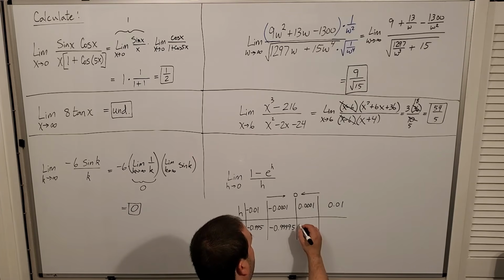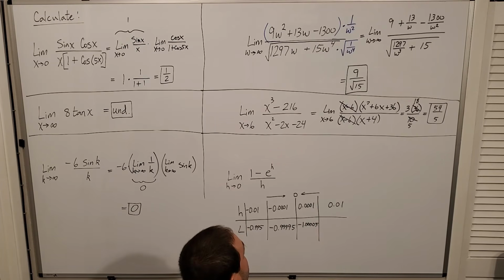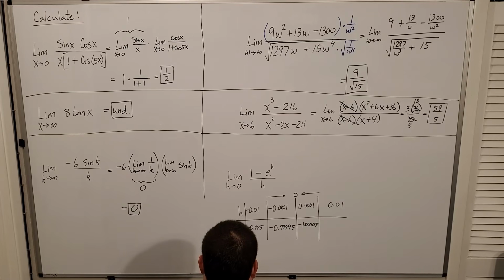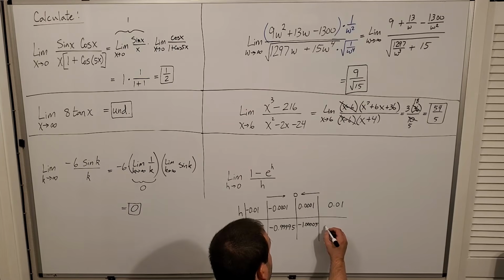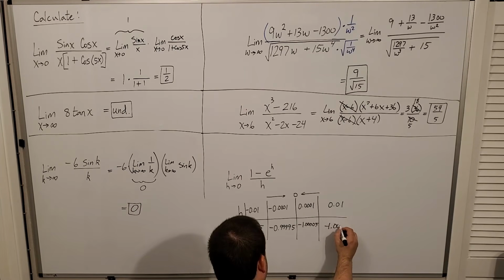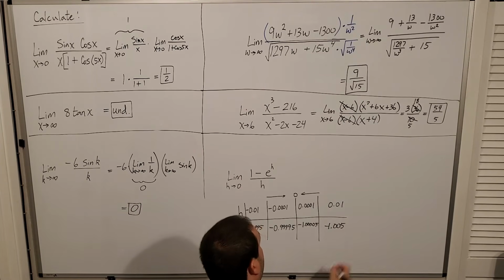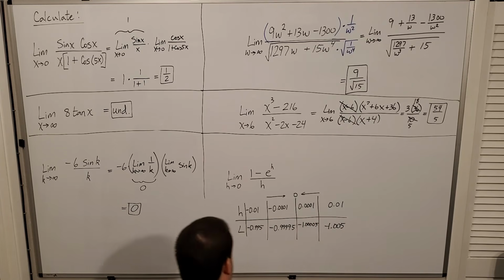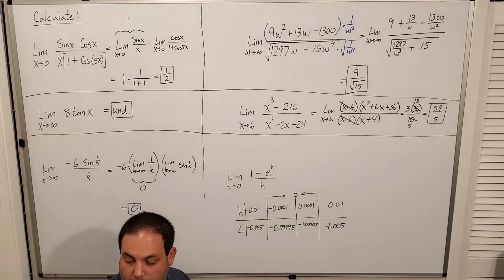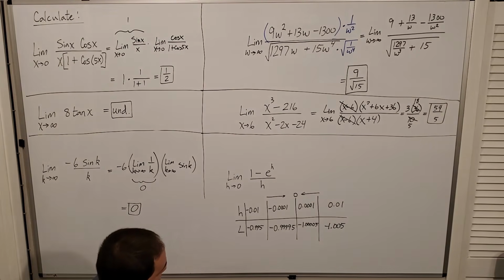So here I've got negative 1.00005. And negative 1.005. Now, of course, I've chopped these decimals a bit, but I think this is sufficient for us to see the pattern.